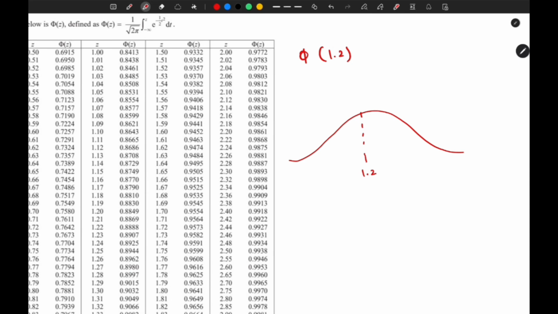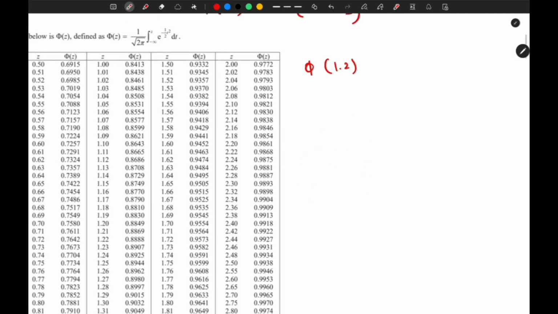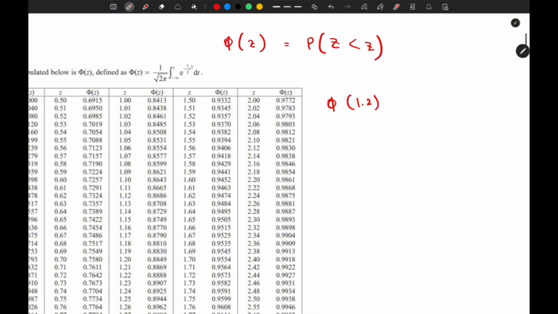If you calculate phi 1.2, you will get this area. And this area is equal to the probability of Z is less than 1.2. So always remember that phi z is equal to the probability of Z is less than z.